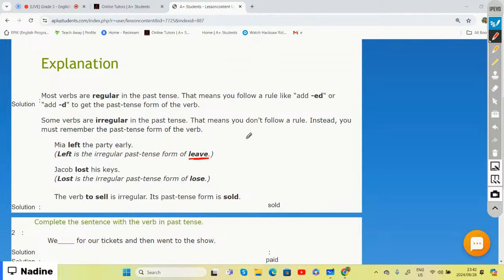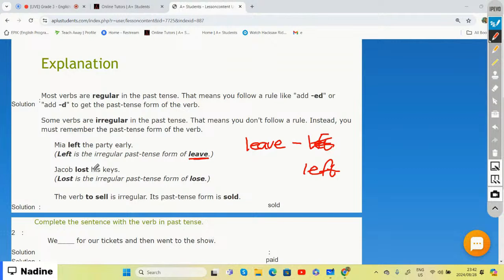So leave, I'm going to leave now, goodbye. But in the past tense, I left. So I'm going to leave, but now in the past tense, we say left.